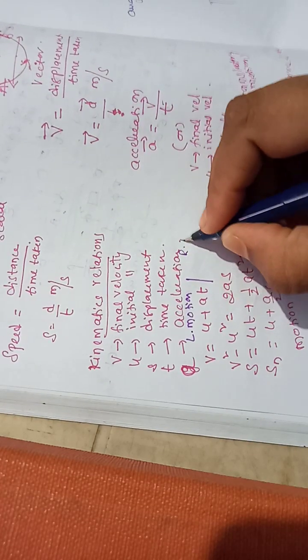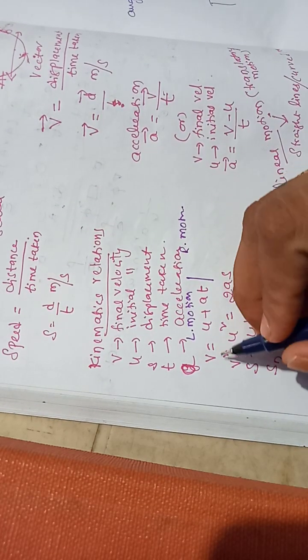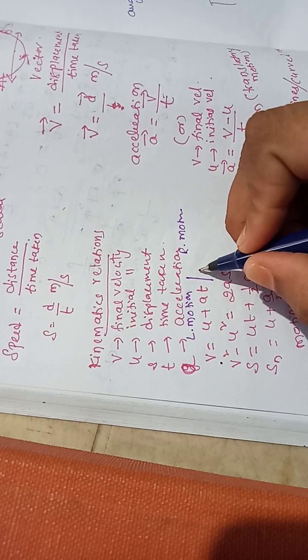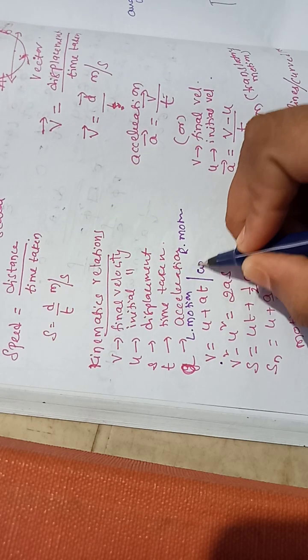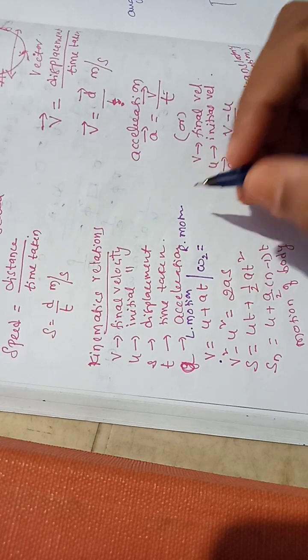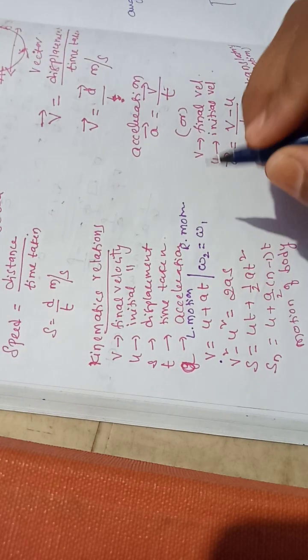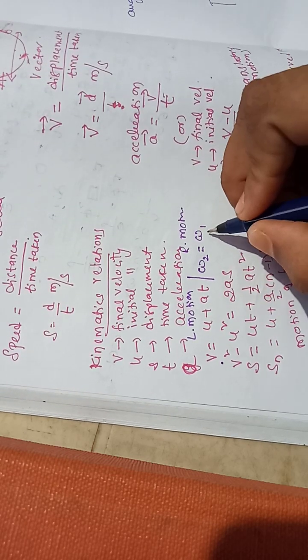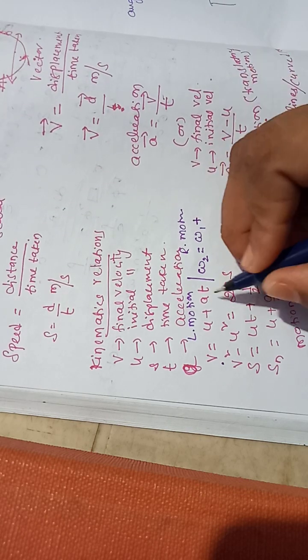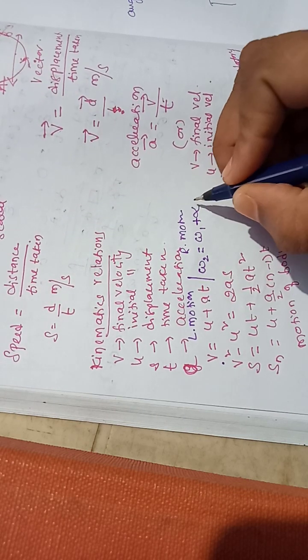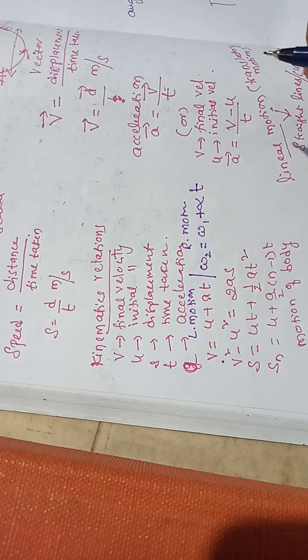Now for rotational motion, how will you write? In place of final velocity, you write the final angular velocity omega 2. Initial velocity becomes initial angular velocity omega 1, plus acceleration, which we denote with alpha, into t.